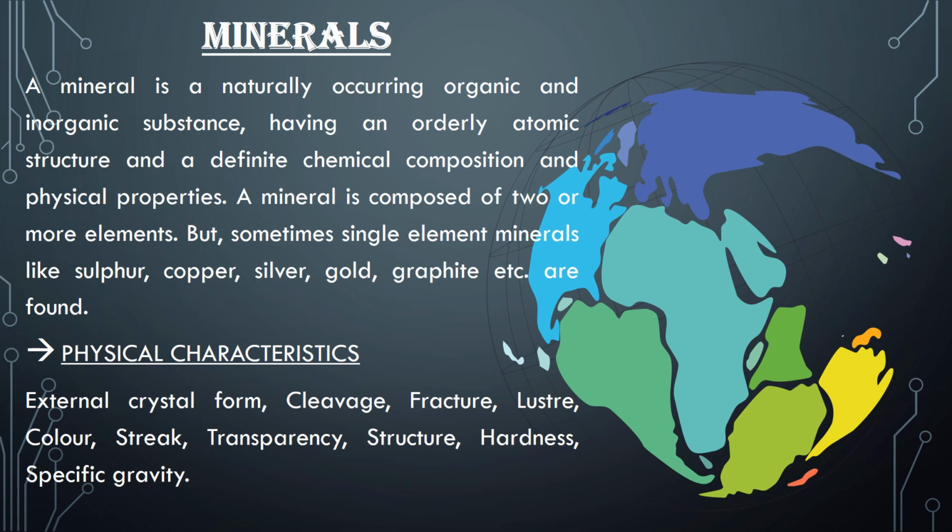8. Structure, the particular arrangement of the individual crystals: fine, medium, or coarse-grained; fibrous, separable, divergent, radiating. 9. Hardness, the relative resistance to being scratched. 10 minerals are selected to measure the degree of hardness from 1 to 10. They are 1. Talc, 2. Gypsum, 3. Calcite, 4. Fluorite, 5. Apatite, 6.